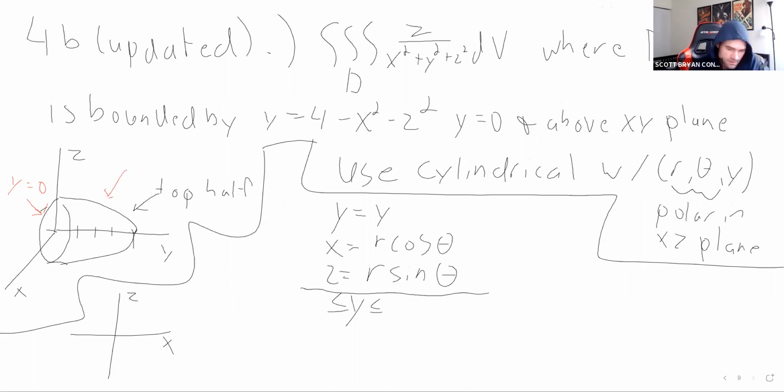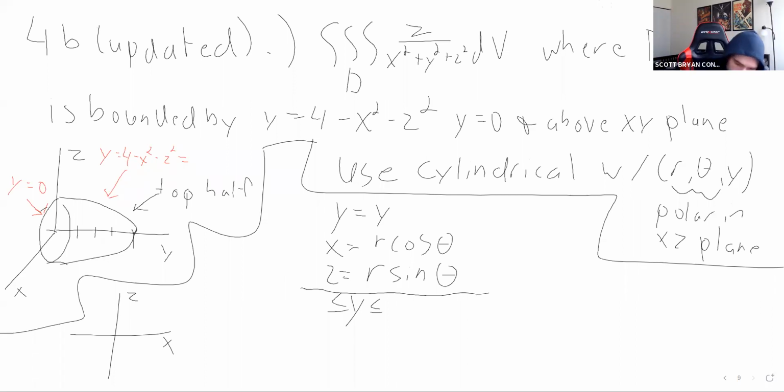And the right surface is going to be y equals 4 minus x squared minus z squared. But in cylindrical, with y, r and theta, we don't want to see x and z. We need y to be a function of r and theta.